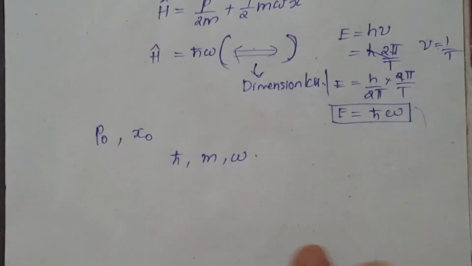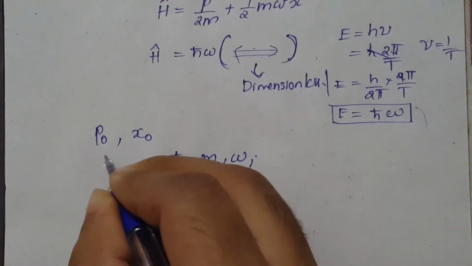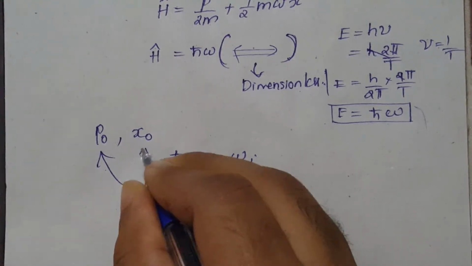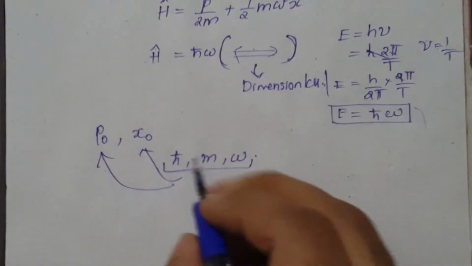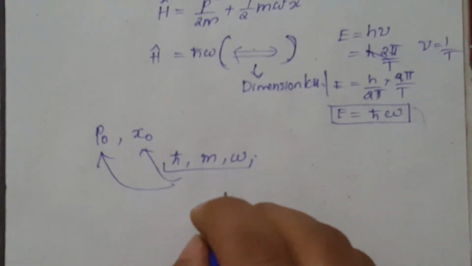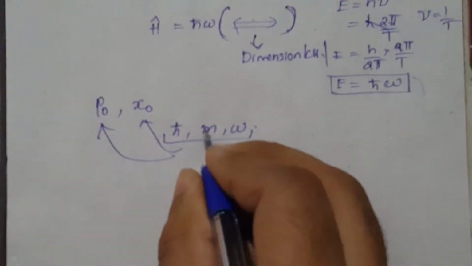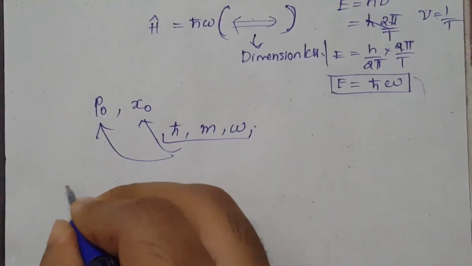From these constants we need to make the quantities p naught and x naught, where p naught has the dimension of momentum and x naught has the dimension of position. Okay, so let's see what is the dimension of, let's take m first.